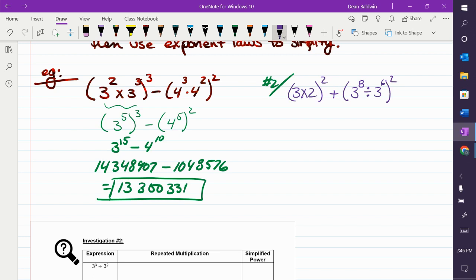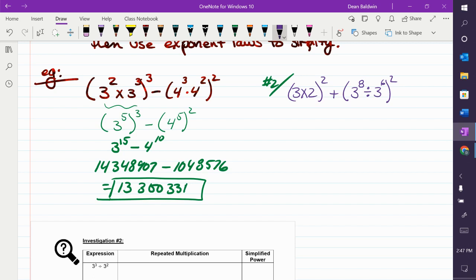Three times 2 squared plus 3 to the 8 divided by 3 to the 6, all squared. First bracket. Are the numbers the same? No, they're not. So you can combine them.